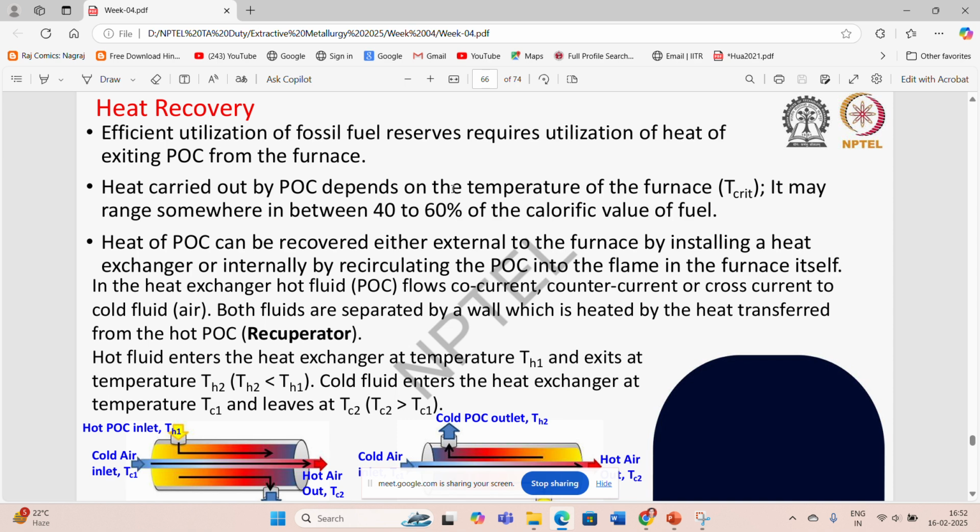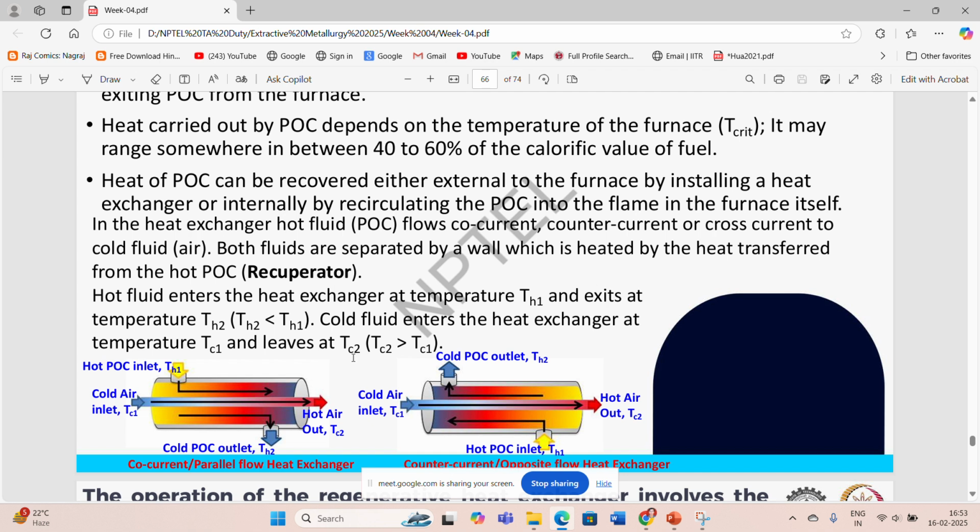For reusing and circulating this heat, we need to install some heat exchanger, or we have to internally recirculate that POC into the flame in the furnace itself. What the heat exchanger will do: the hot flue gases coming out from the furnace go outside through the heat exchanger.